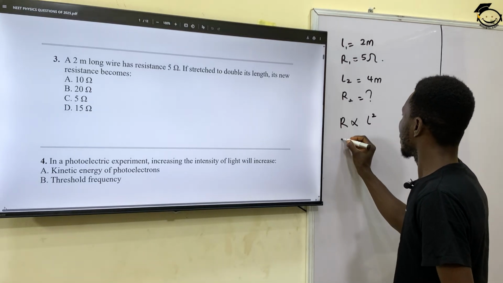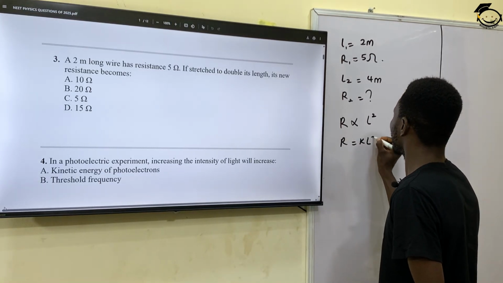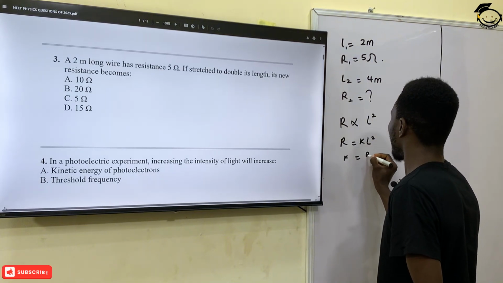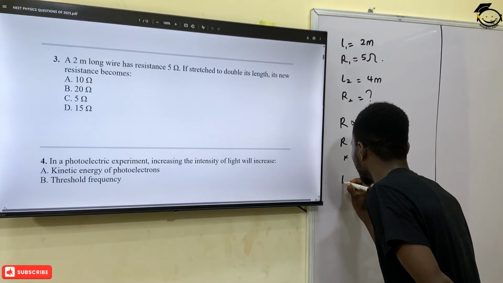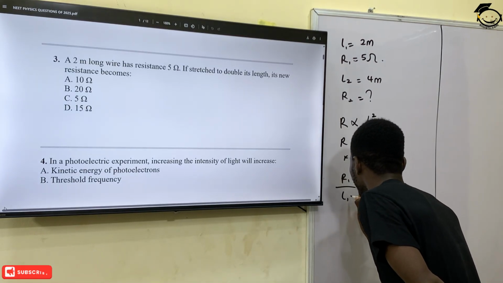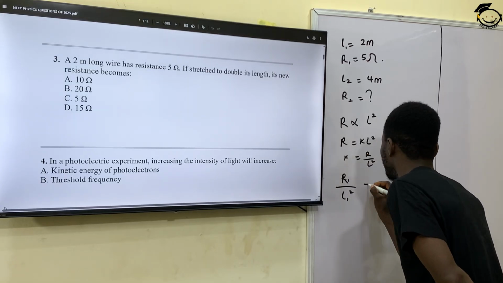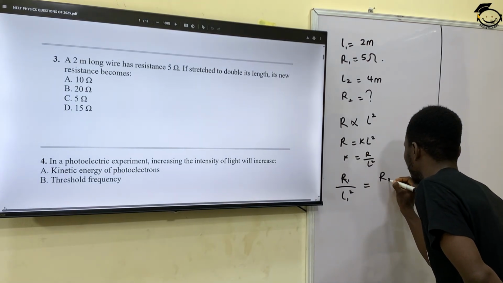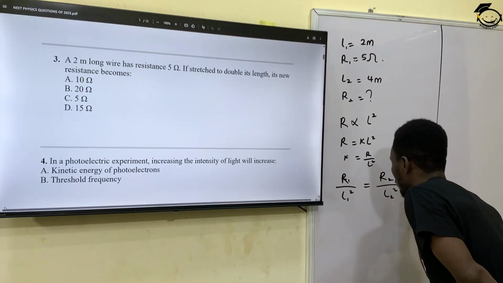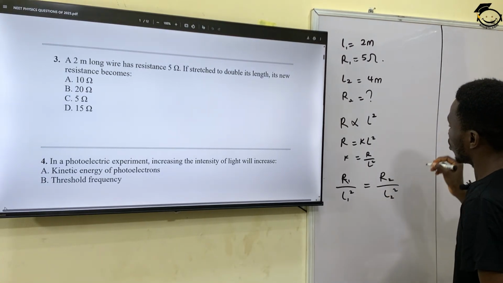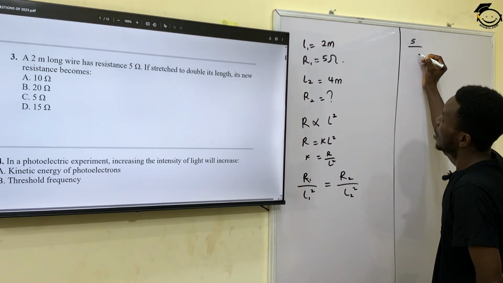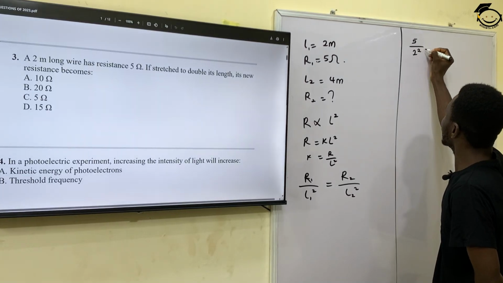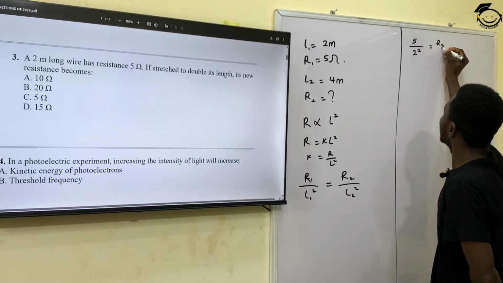Please know that the resistance is directly proportional to the square of the length. So R is equal to KL squared, which is similar to saying that K is equal to R over L squared. So if I substitute, I have R1 over L1 squared is equal to R2 over L2 squared. R1 is 5, L1 is 2, so 2 squared, equals R2 over L2, which is 4, so 4 squared.